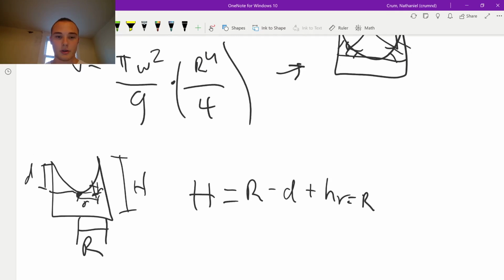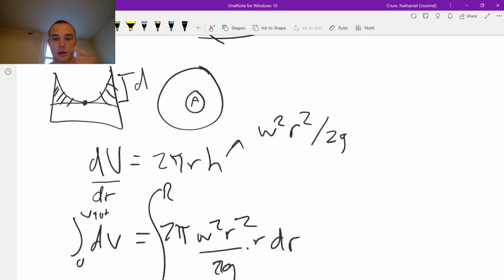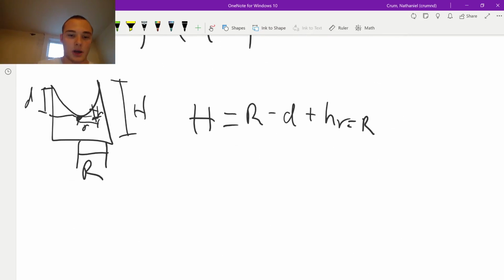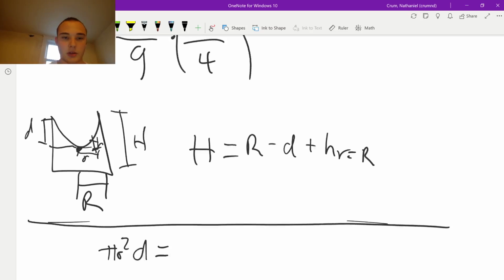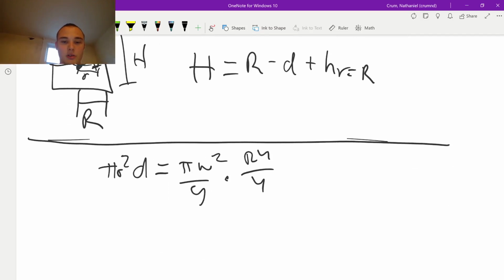So basically we're going to take our pi R squared d right here and set it equal to our other volume equation right here. I'm just going to create a separator right here. We have our pi R squared d, and we'll set that equal to pi omega squared over g times R to the 4th over 4. So we can do some cancellations here.